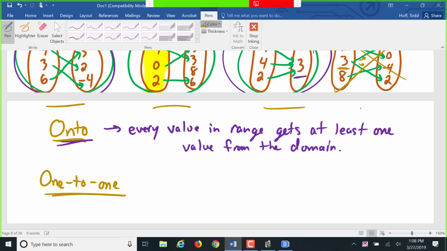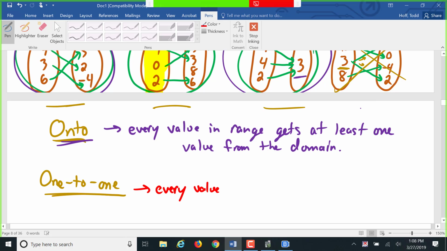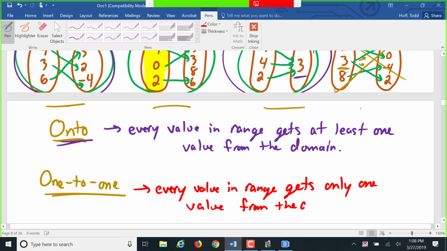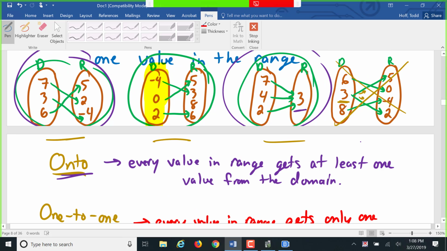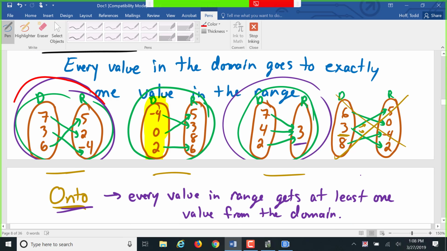One-to-one means that every value in the range gets only one value from the domain. Only one of these is one-to-one. That's this one.